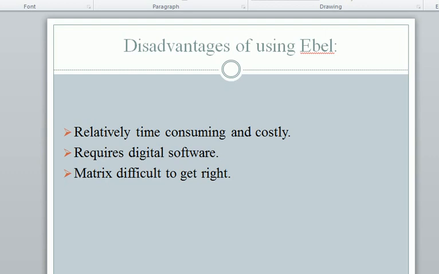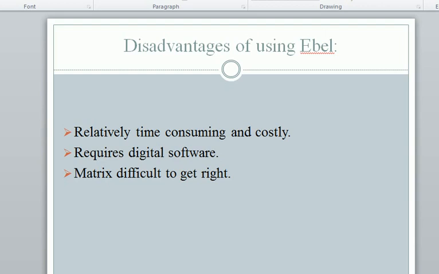Dear students, this method definitely has some shortcomings or disadvantages. So these disadvantages are: number one, it is a relatively time consuming and costly method.